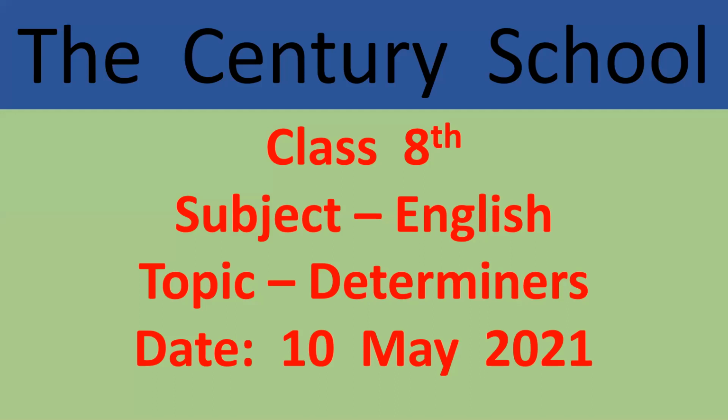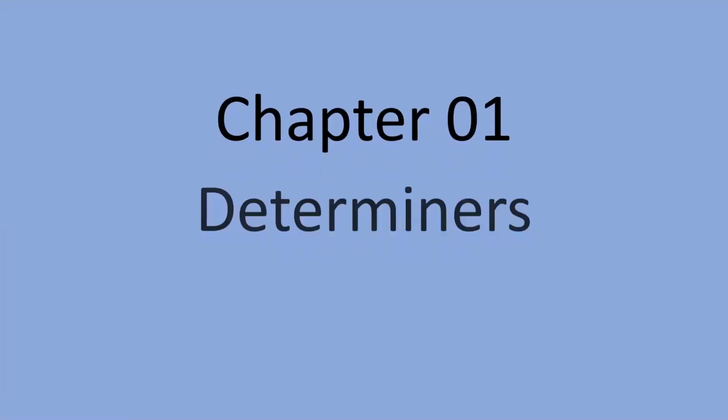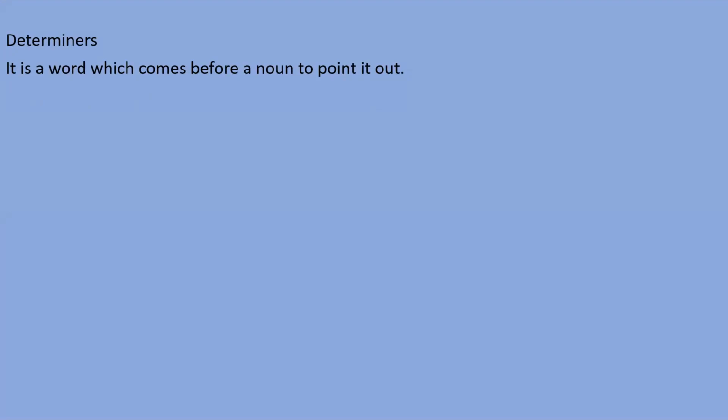So let's understand this about determiners. Chapter first, determiners. A determiner is a word which comes before a noun to point it out.